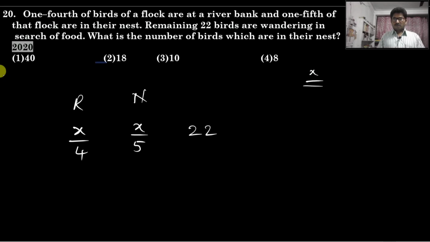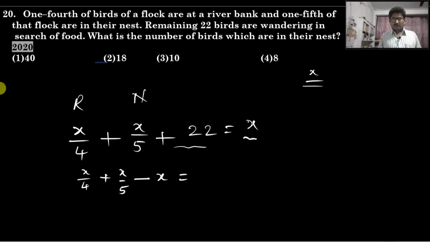So total x, total means x is equal to x by 4 plus x by 5 plus 22. We have to subtract, so the plus quantity becomes minus quantity when shifted. Take x by 4 plus x by 5 minus x.